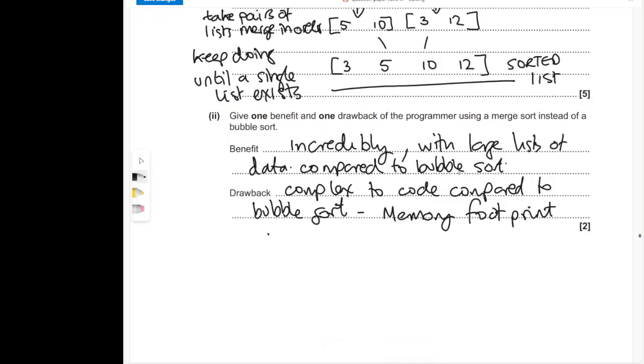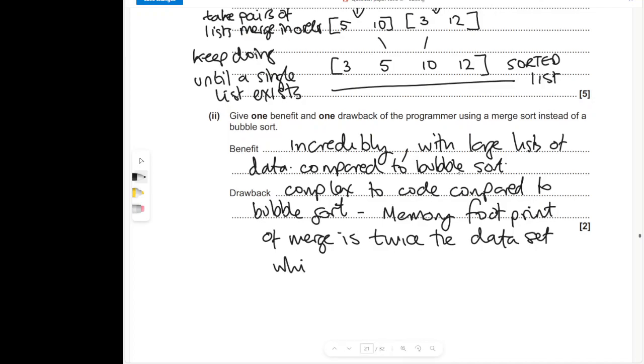The memory footprint of merge sort is twice the data set, which may be an issue in restricted environments, or when you've got large sets of data.